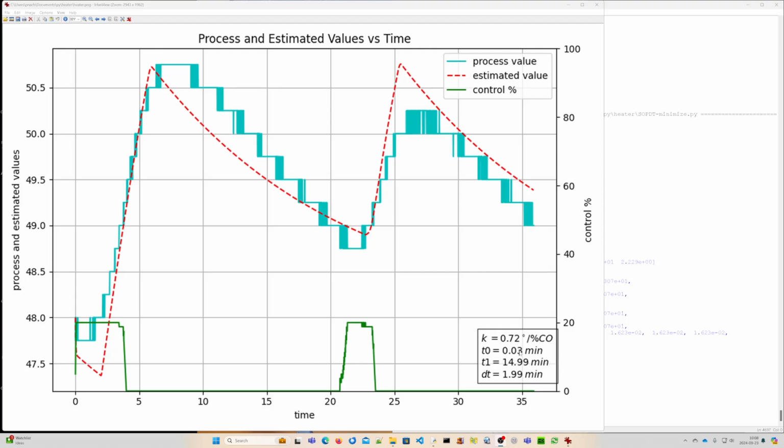This is only 0.03 minutes, and this is so short compared to this one that honestly this could have been identified as a first order plus dead time, but my code is set up for a second order plus dead time, so that's what I'm using here. For all practical purposes, you could just add these 2 together and call that your integrator time constant, and I think you would be good. Then you could use the gain from up here.